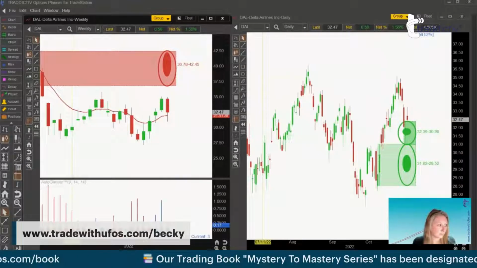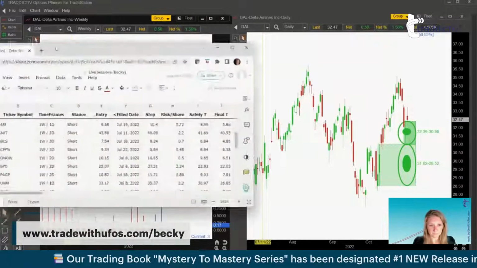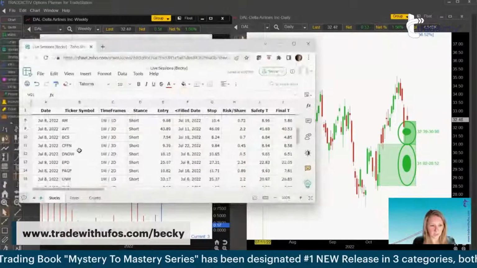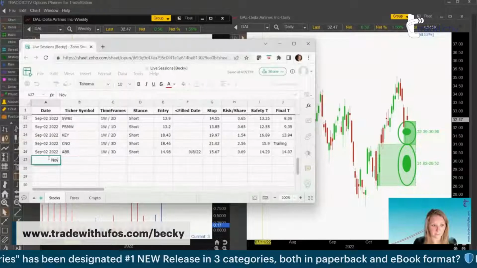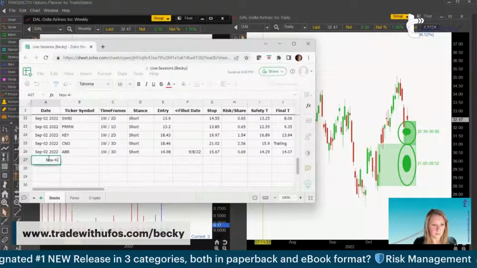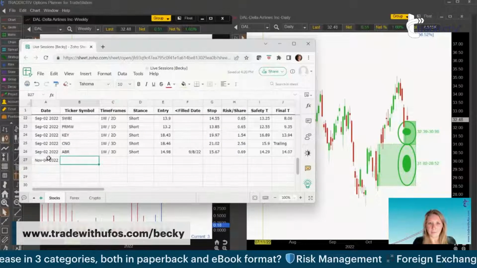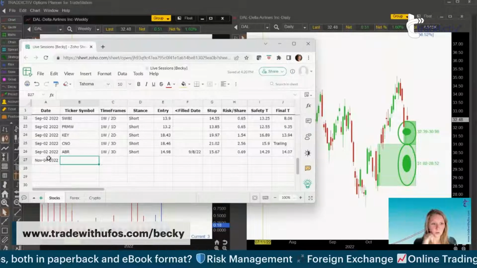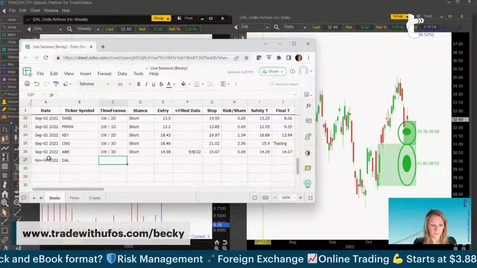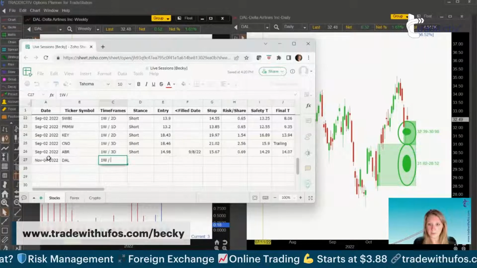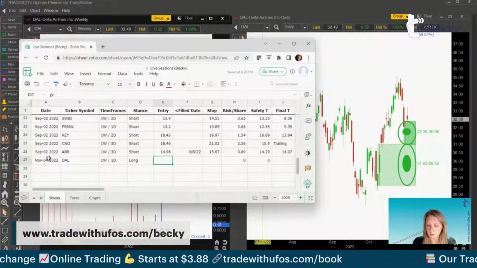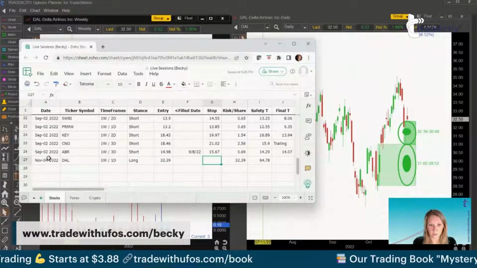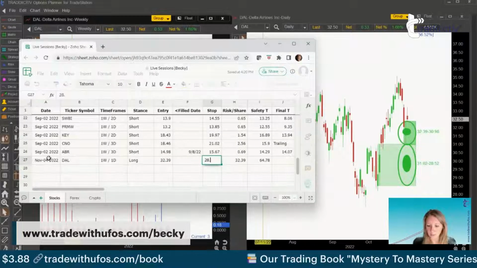So what I'm going to do, I'm going to bring in this sheet. This filters through to what I showed you at the start, which is where we have, it's November the 4th, isn't it? Where we have our session notes. So I'm just going to put it in here. So we've got 1 week on the left and we've got a 1 day on the right. We are going long. Entry of 32.39, stop loss of 28.42.